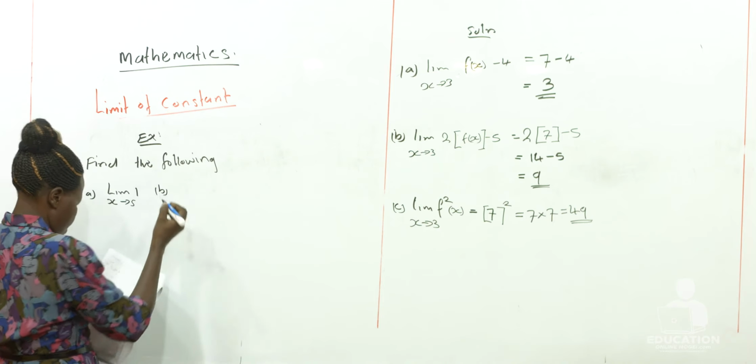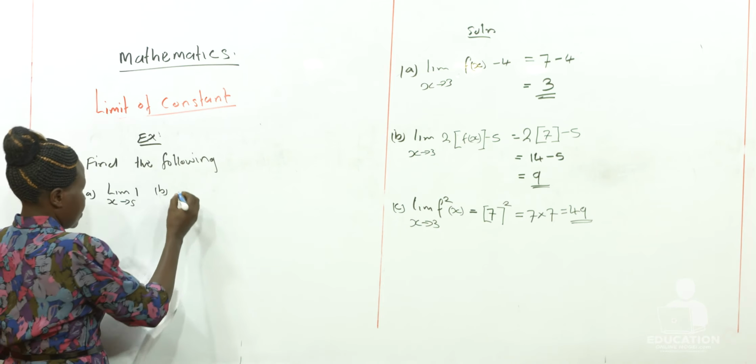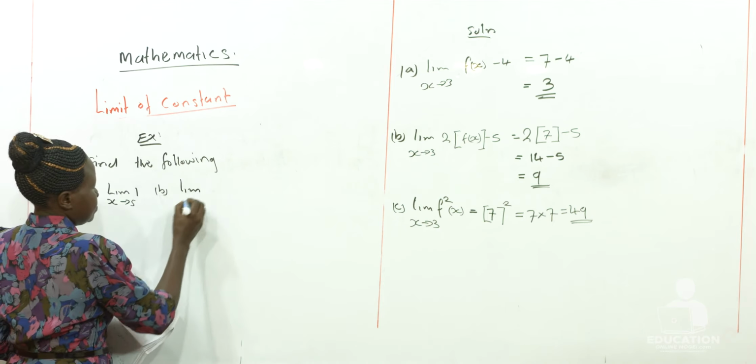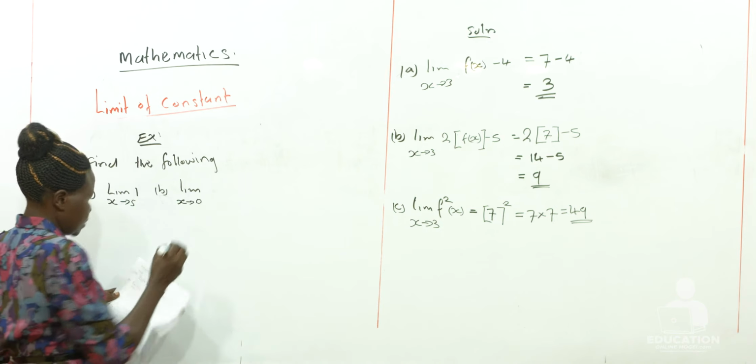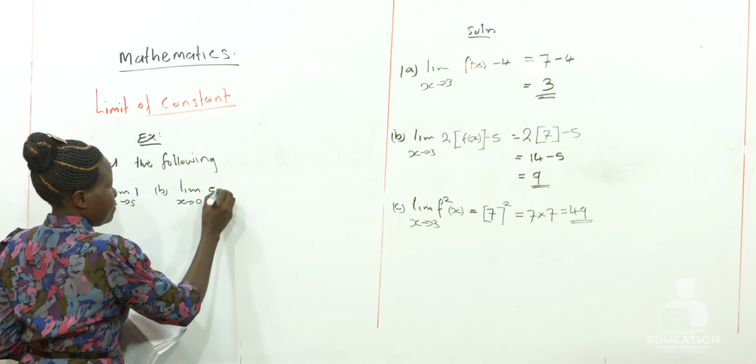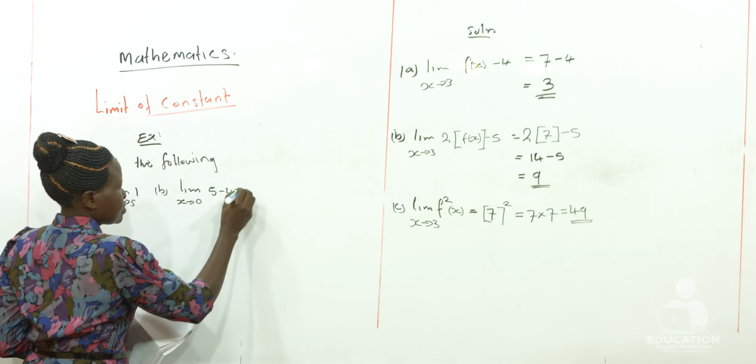B: we have the limit as x is approaching 0 of 5 minus 4x.